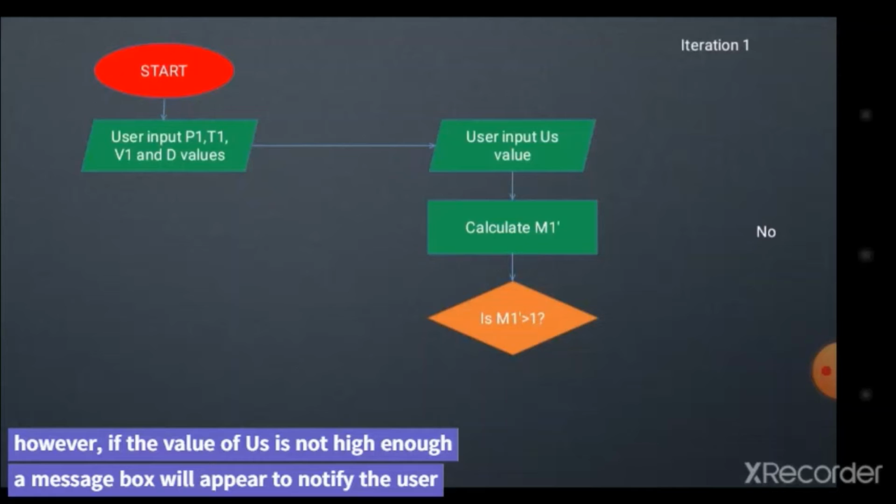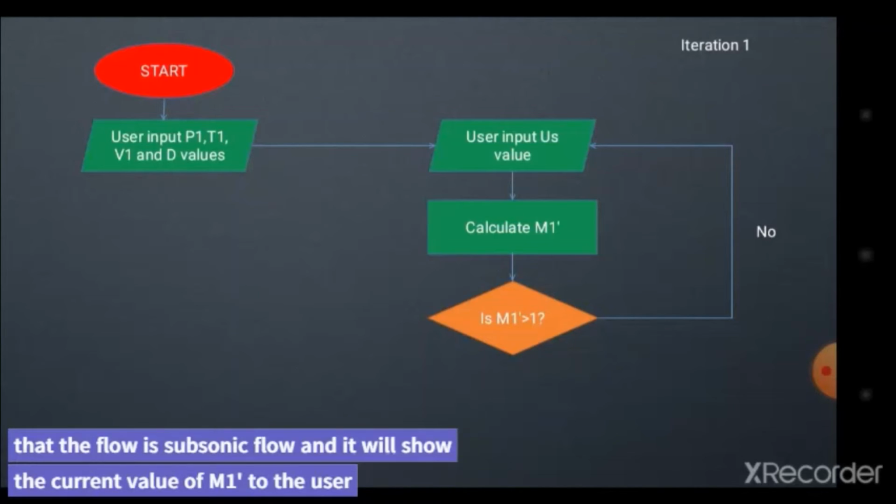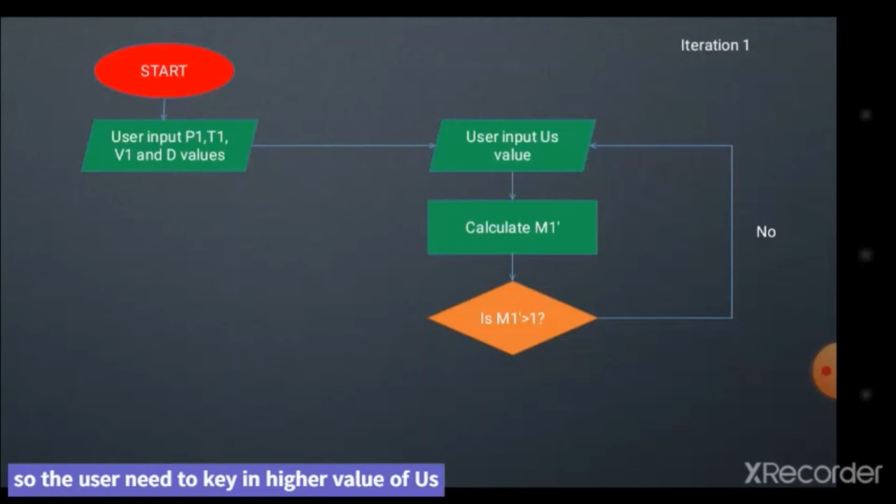However, if the US value is not high enough, a message box will appear to notify the user that the flow is subsonic, and it will show the current value of M1 prime to the user. So the user needs to key in a higher value of US.